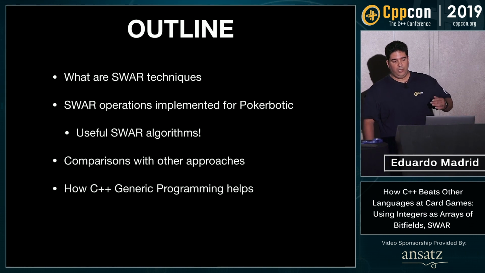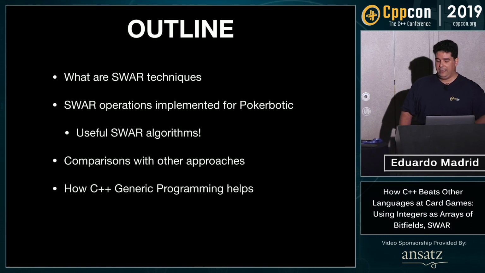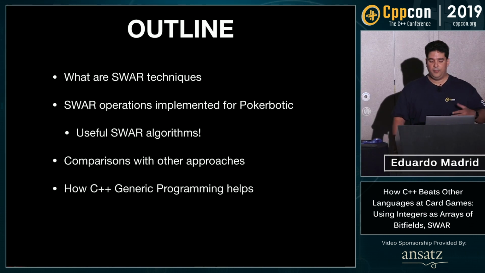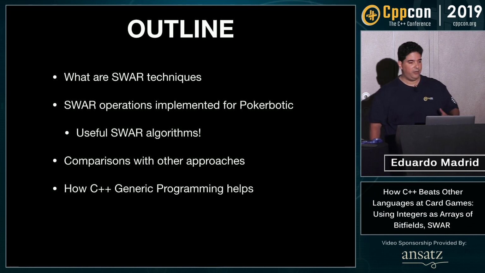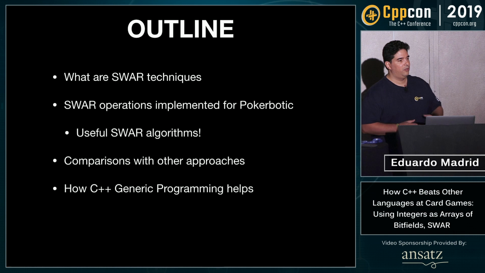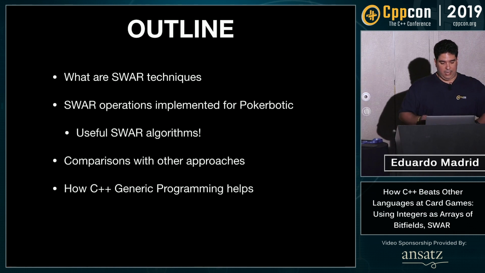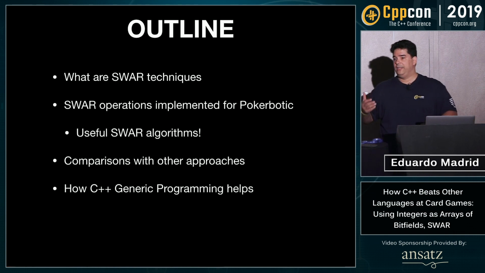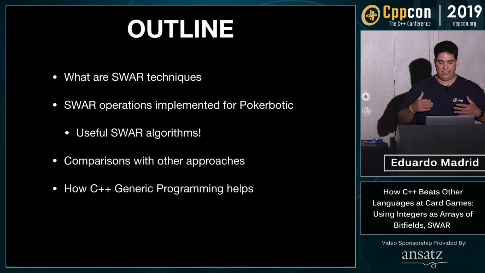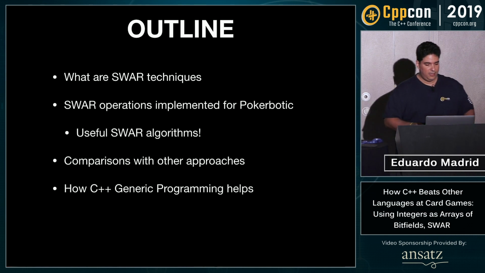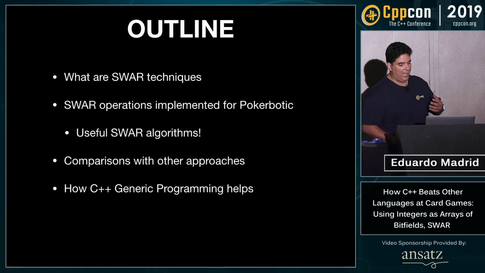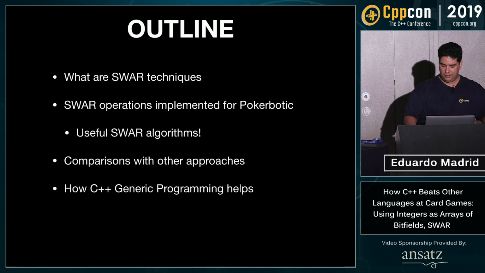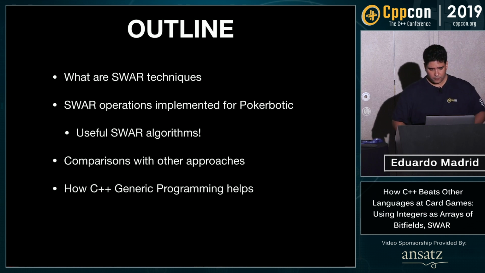Okay, I will try to explain to you what SWAR techniques are and present them in the context of an application domain area that hopefully is going to be clear to all of us. The idea of showing these techniques within useful algorithms is that that's how you see the value that they have. I will have to refer to how genetic programming helped me to accomplish these things.